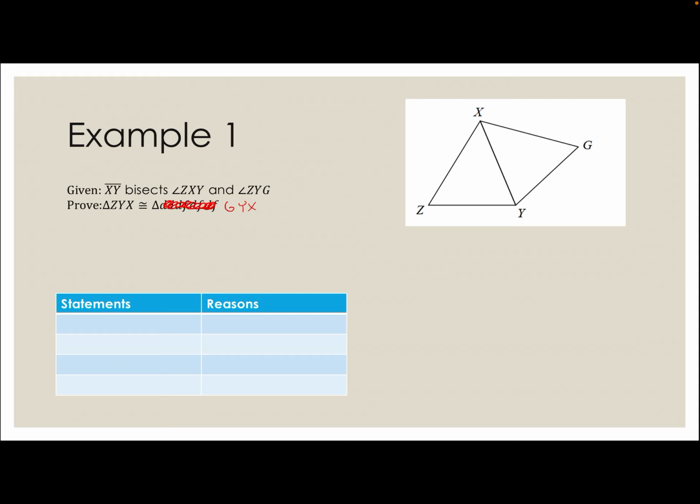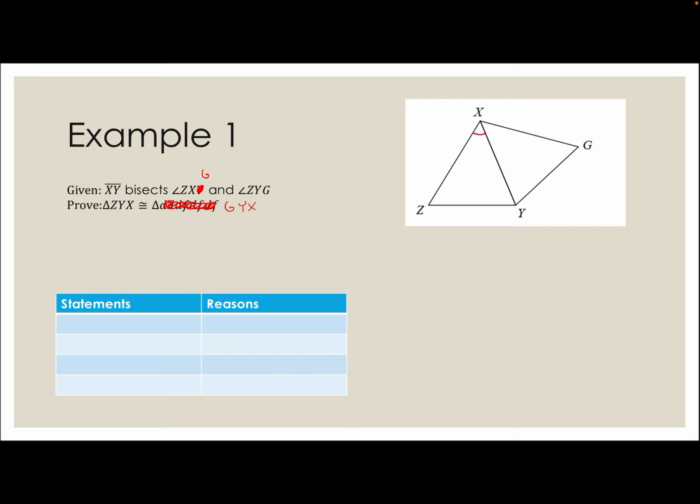So our statements, let's see, we are given XY bisects angle ZXG. Remember, if you see something bisects, it means it divides that figure into two congruent smaller halves. Mr. Martin, you're full of mistakes. This should be bisects angle ZXG.